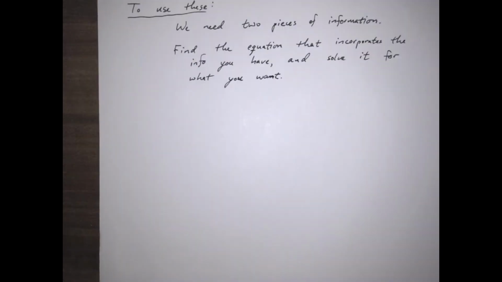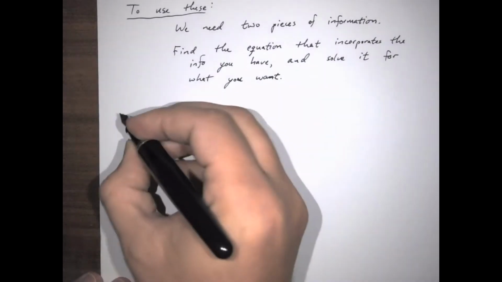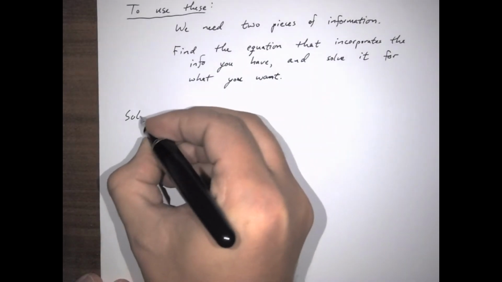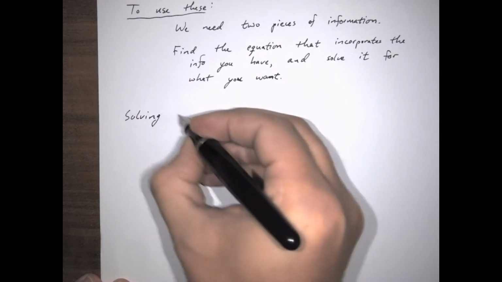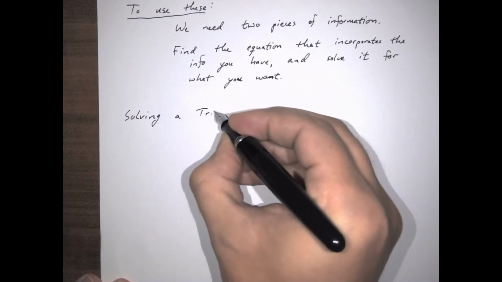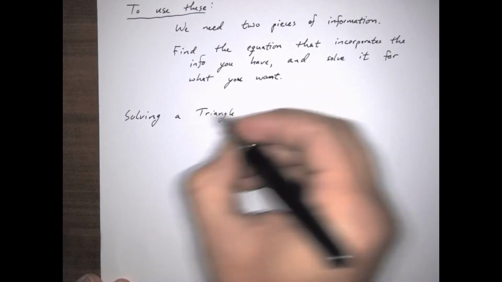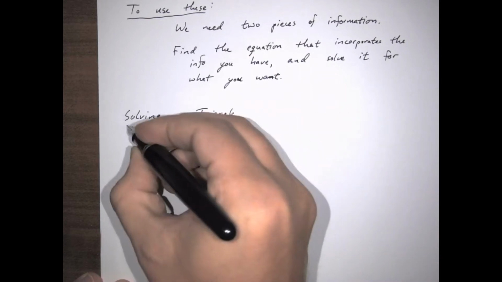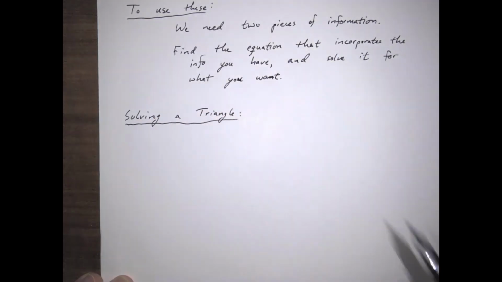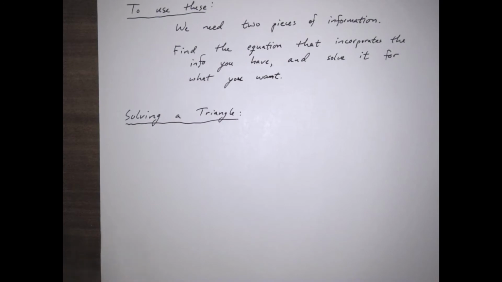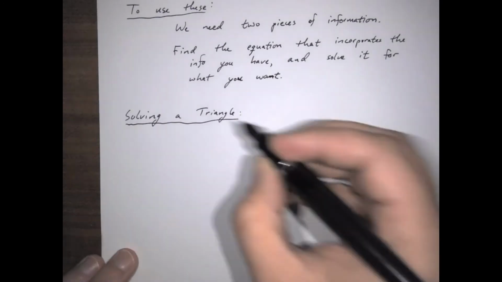And the general task that we're going to be dealing with here is what's called solving a triangle. Solving a triangle refers to taking two pieces of information that you're given and finding all of the other missing pieces.